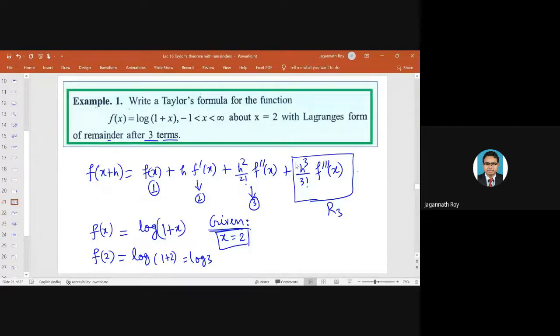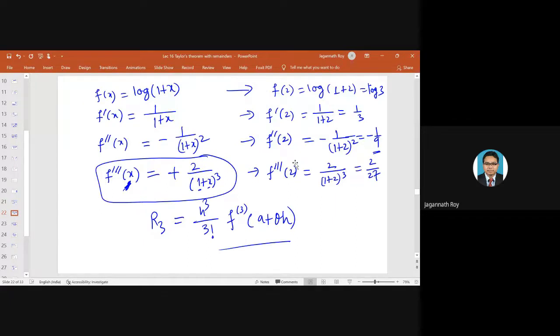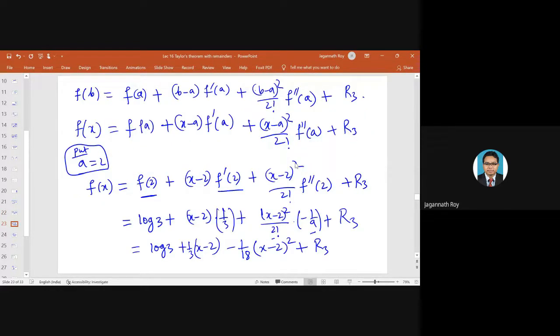Also, try to find out Lagrange's remainder R3 after 3 terms. So write the Taylor's formula for the given function f of x. So we try to find out f dash, f double dash, f triple dash. Then we will evaluate these values at the point. Okay. And then we write the Taylor's formula after 3 terms.